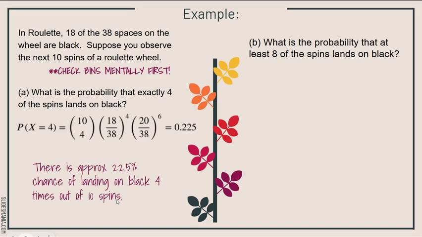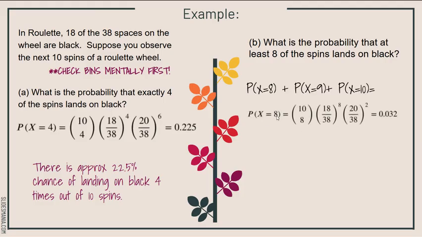Okay, one last one. What's the probability that at least 8 of the spins land on black? So at least 8 means it's 8, 9, 10, right? So we're going to have to find each one of these and then add them together. So you'll need to do this formula 3 times and add them together. Here's for x equals 8. Here's for x equals 9.